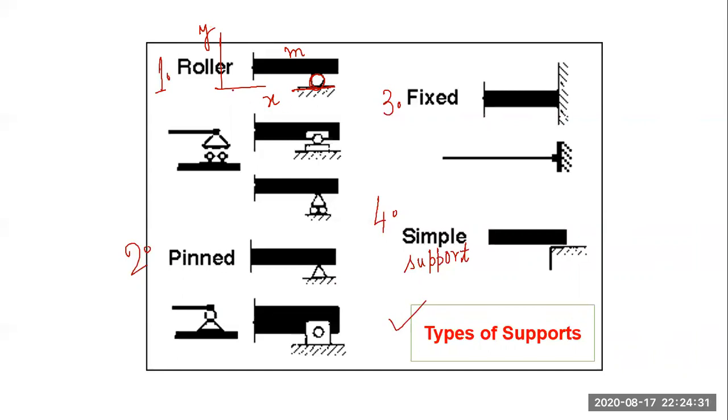Since it is a roller, the slab or the beam of mass m can easily slide in the x direction as well as in the minus x direction, because it is a roller, it will roll. When it rolls, the beam is allowed to move freely, not rotate, rather it is called translate. This type of motion of a body is called translation.